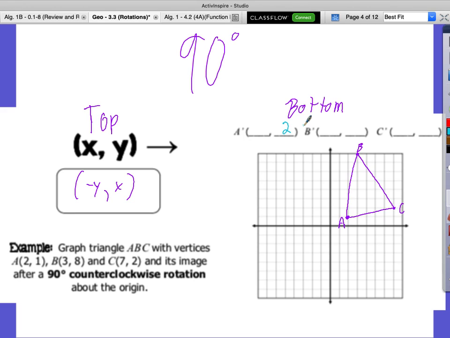According to this, x and y yields negative y comma x. So we put the x where the y would go. Then we take the y, make it negative, and put it where the x goes. So if we have 2 comma 1, we end up with negative 1 comma 2.